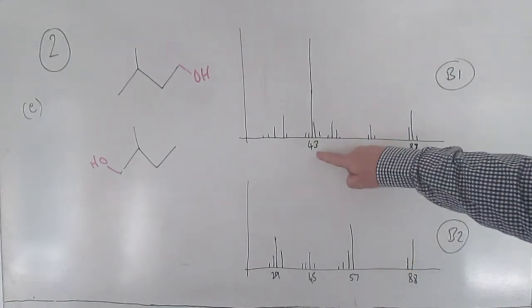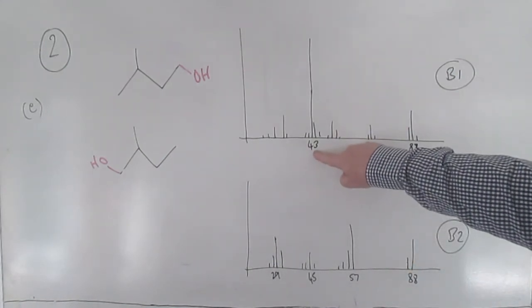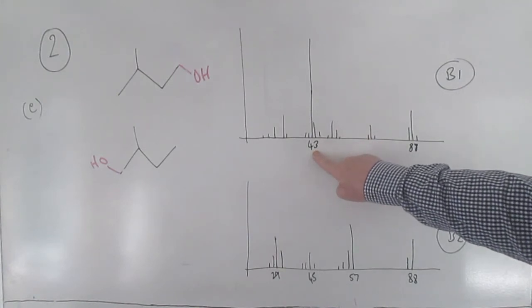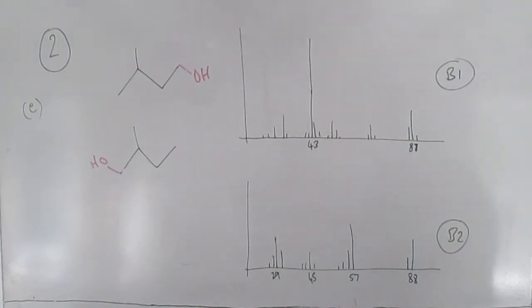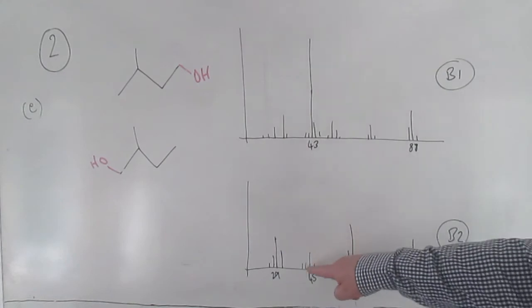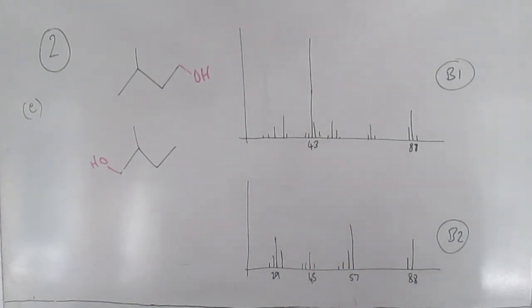And the thing that really sticks out in the spectrum of B1 is this peak at 43, which isn't prominent in the other one. So if we go looking for that one, with a bit of luck, that will tell us which one is which. Okay, so we do the usual thing, and we look at all the possible fragments.